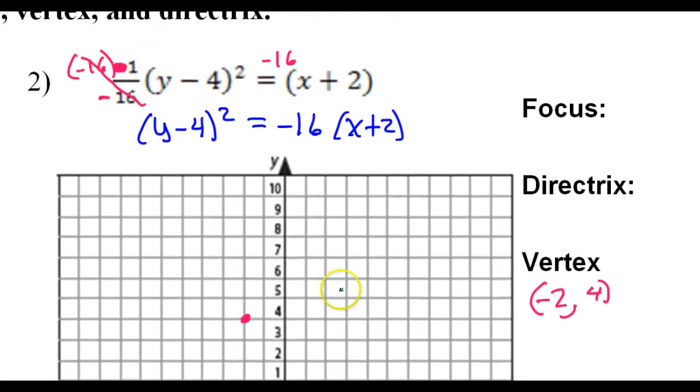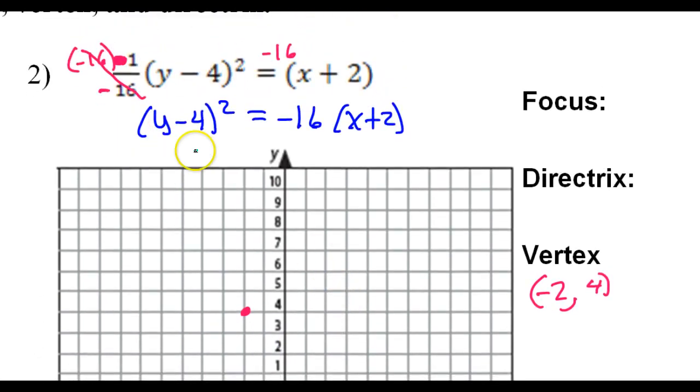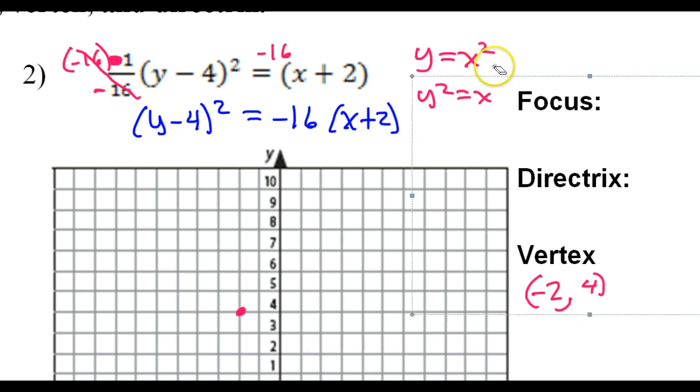Okay. Now, is this parabola facing up, down, left, or right? Well, if I see y equals x squared, I know that's normal. But instead, here, I've got y squared is equal to x. That means this is one of them there sideways parabolas. All right?